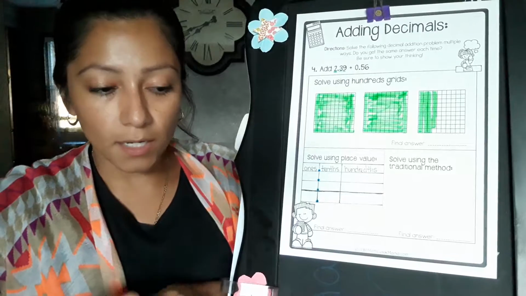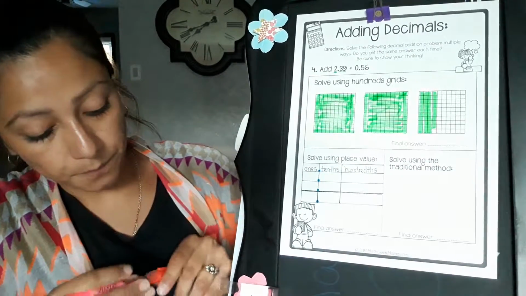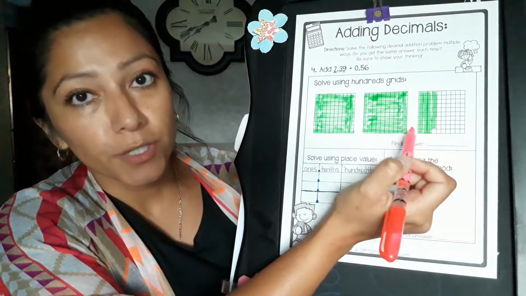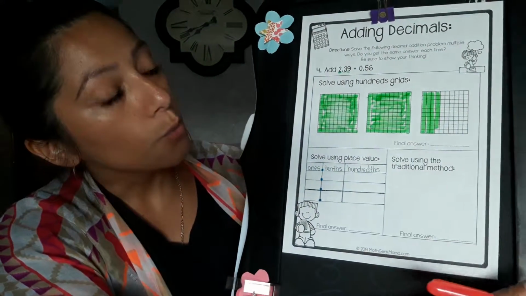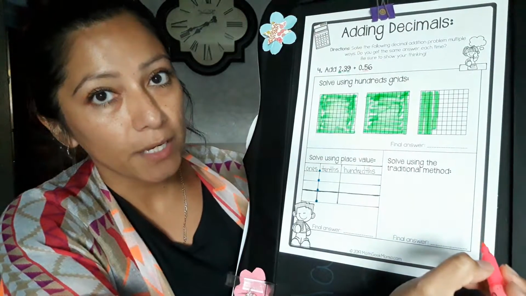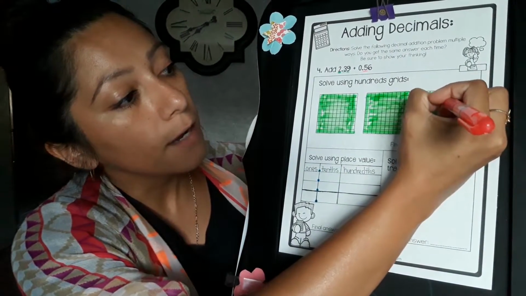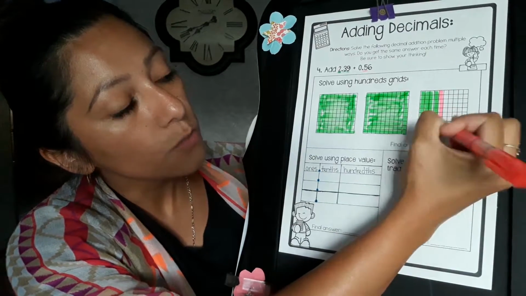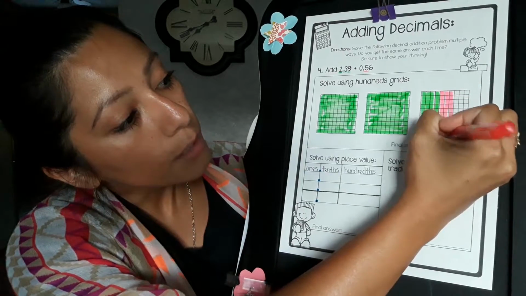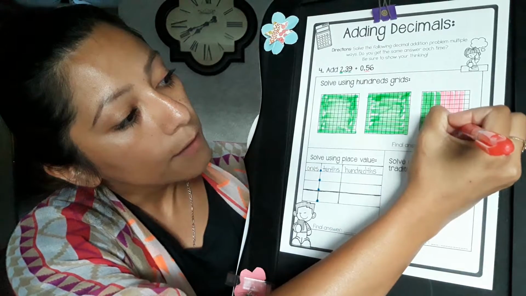Okay. Now, next part, we're going to be adding 56 hundredths to this. So we have 5 that are in the tenths place. So we'll need to shade in 5 of these columns. There's 1, 2, 3, 4, and 5.